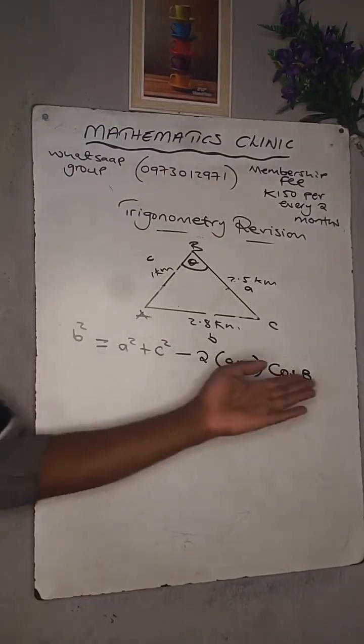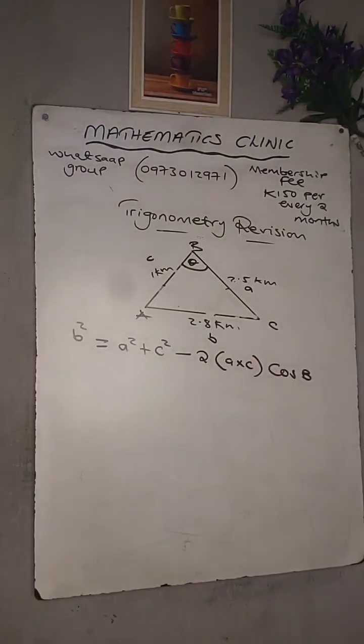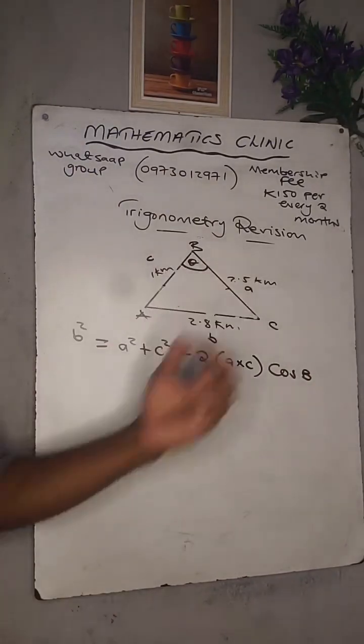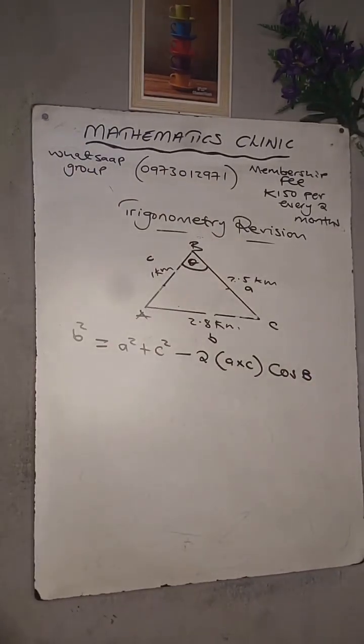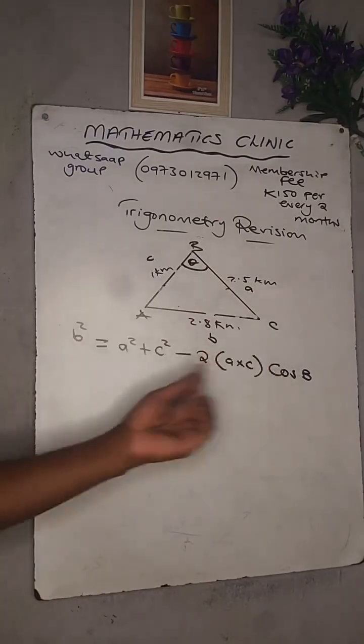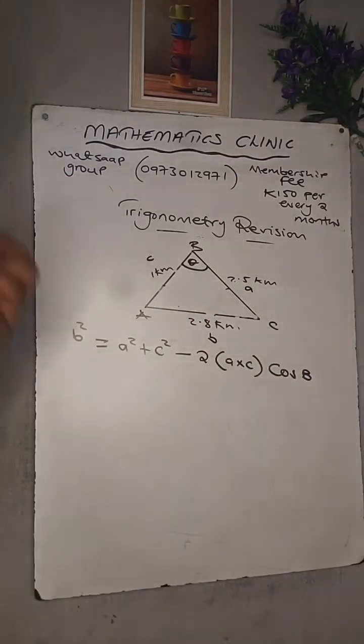That's the formula for cosine rule. It changes with the letters that you have been given, but it's the same. The only thing that changes are the letters.